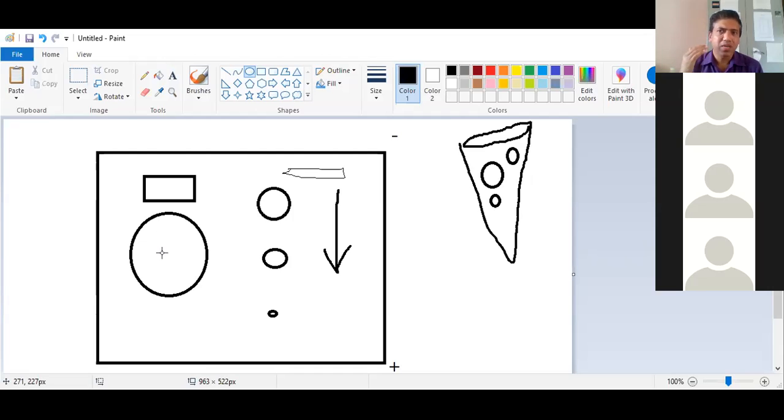So in gel electrophoresis, there are basically two criteria on which the molecules are separated. Number one is the shape or conformation of the molecule, number two is the size of the molecule. These two criteria decide how the molecules will separate.